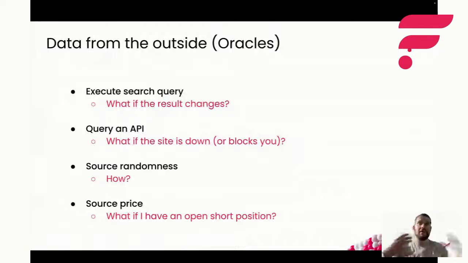So what are oracles? How to properly build them, what they can do, what they can't do, and specifically what are the problems that arise from it. But let's just take a look at what specifically are the things that can be problematic. So let's say you want to get some data from the outside world. Execute a search query. You need to be certain that if the results of this search query change, you'll still get the correct thing out.